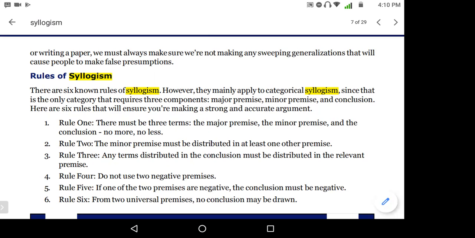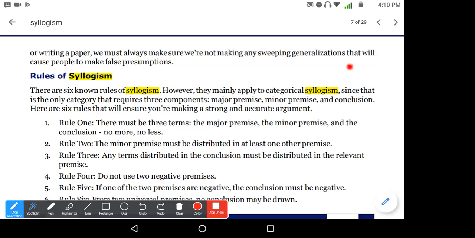Then the minor premise must be distributed in at least one other premise. So the minor premise, that is the second part, has to be distributed in one of them, either in the major premise or in the conclusion. Okay, the words will be repeating in the major premise or in the conclusion.